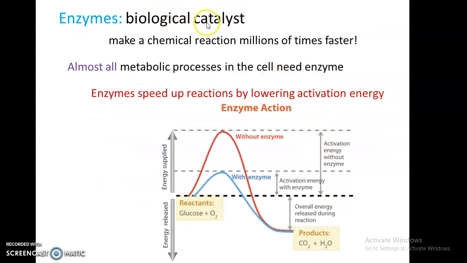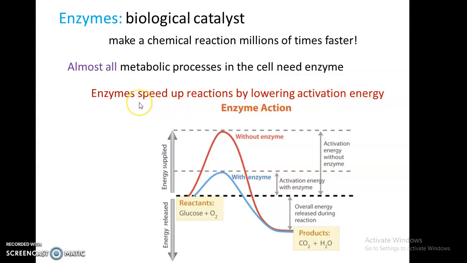Enzymes are biological catalysts. They are within living organisms. They make a chemical reaction millions of times faster. This is very important. Almost all metabolic processes in the cell need enzymes. Enzymes speed up reactions by lowering activation energy.